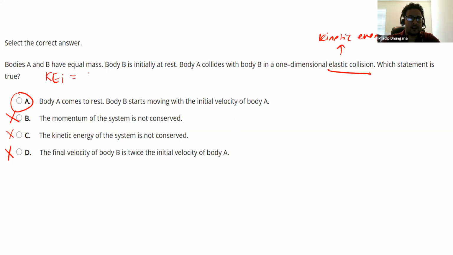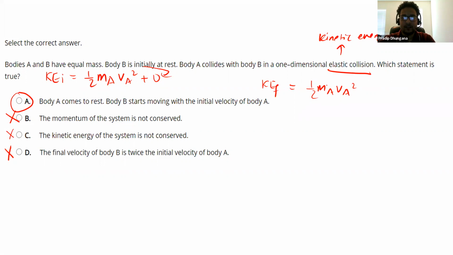So total initial kinetic energy is 1/2 mass times the velocity of object A squared, plus 0 because B is at rest. Kinetic energy final, we don't know, but it should be equal to that value, 1/2 mass of A times vA squared. For that to happen, mass of A and mass of B are exactly the same, so vA should be equal to vB squared.